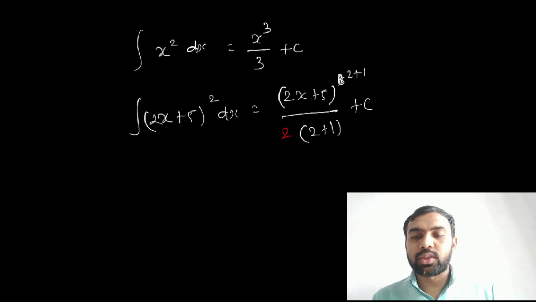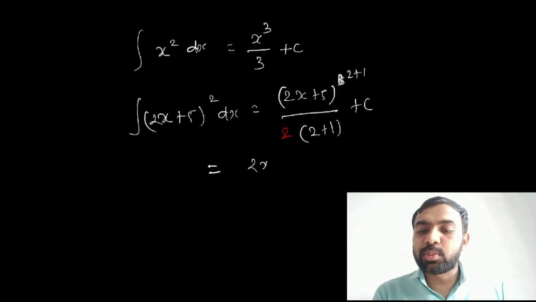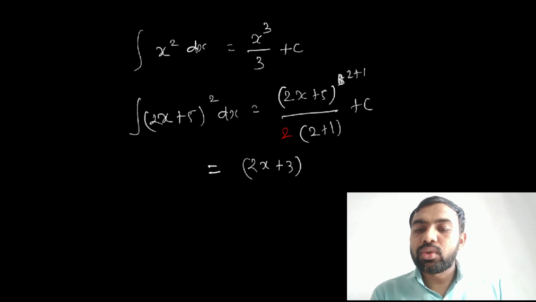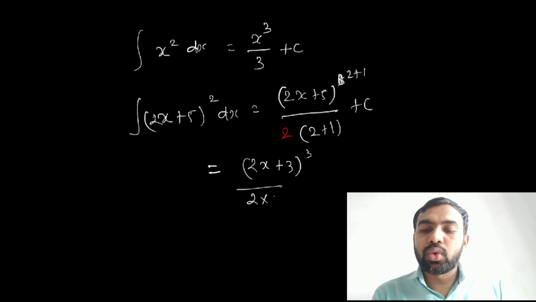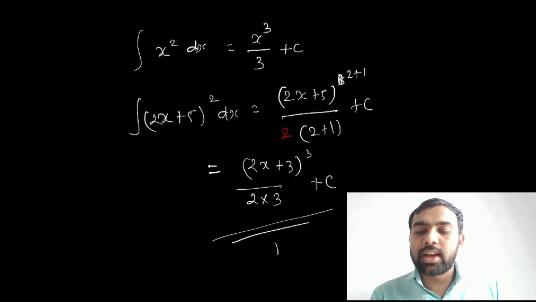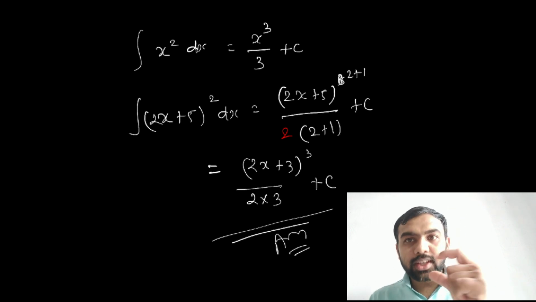Okay, in this way we get the answer. So what is the final answer? (2x plus 5) raised to 3 upon 2 into 3 plus c. So you just apply the rule in this way.